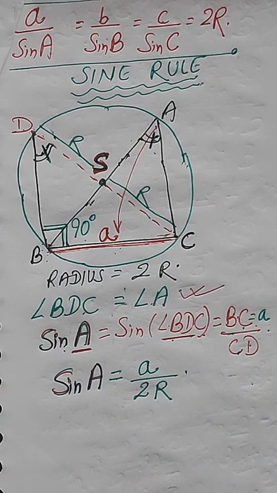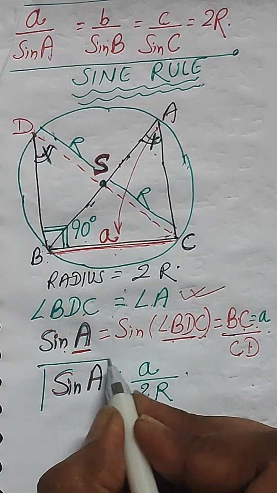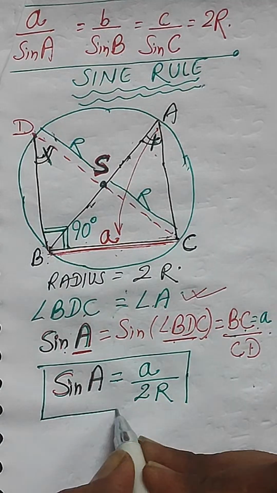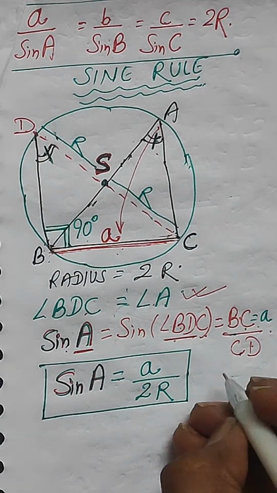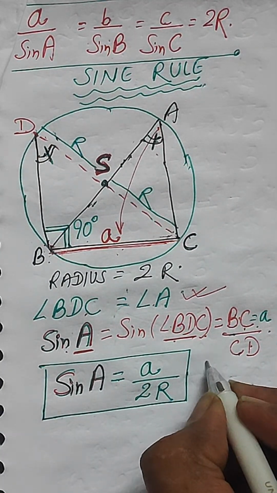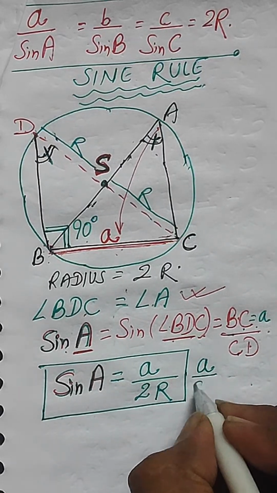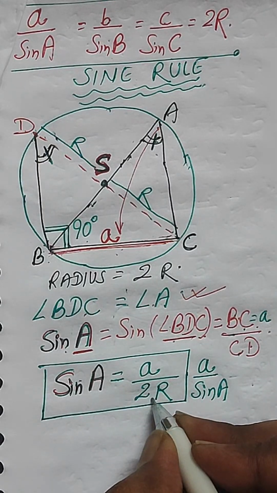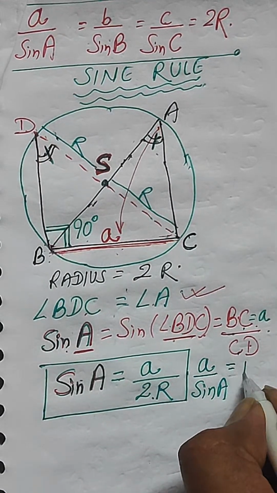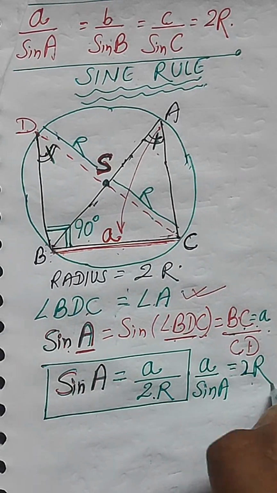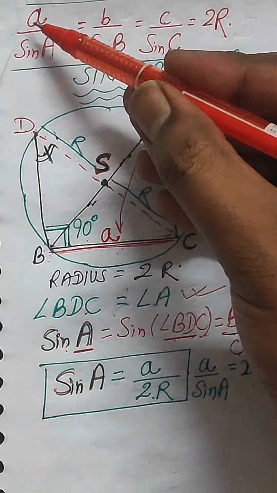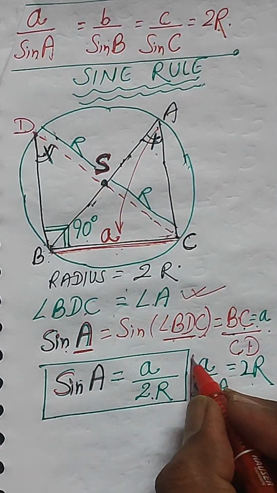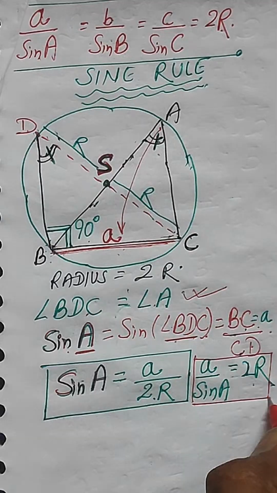So we have proved sine A is equal to a by 2R, or we can write it as a by sine A, when sine A goes to the denominator on the RHS, is equal to 2R. This is the same thing: a by sine A equals 2R. So one part is proved.